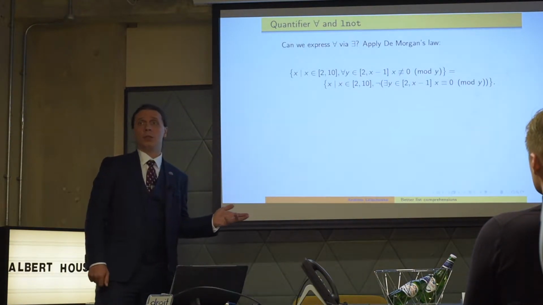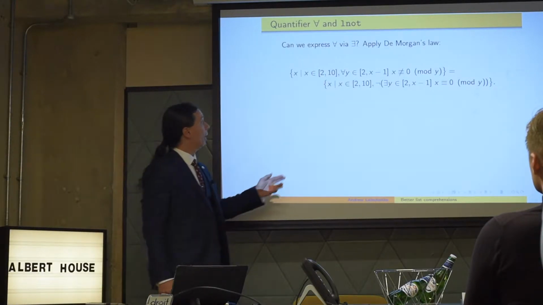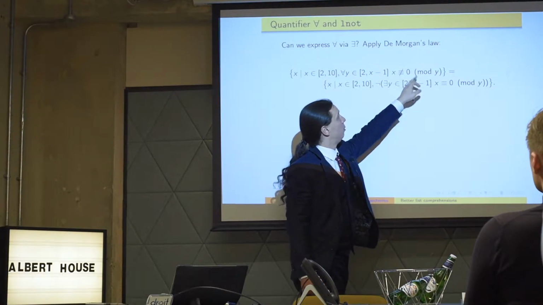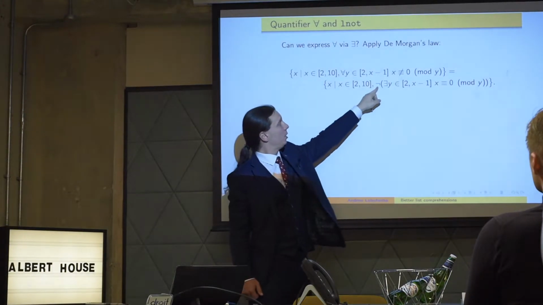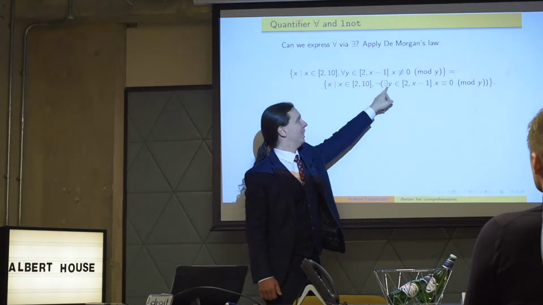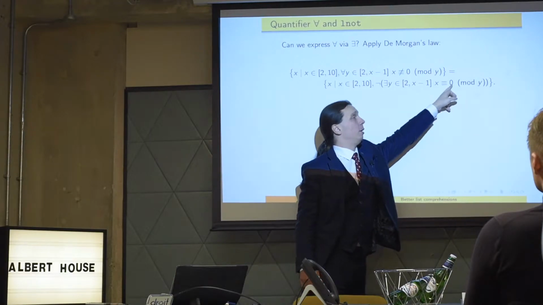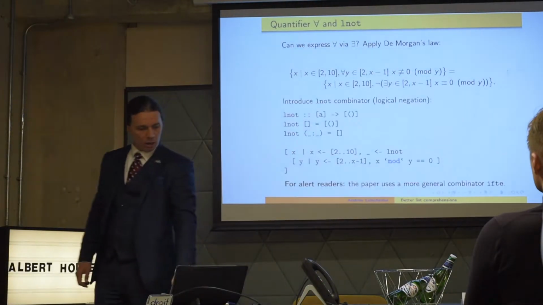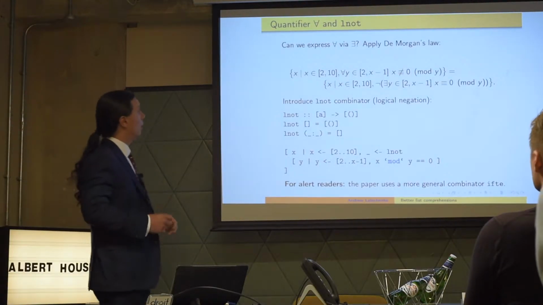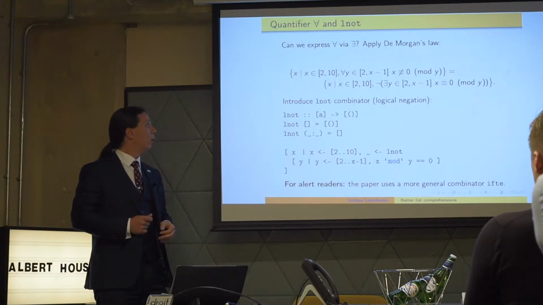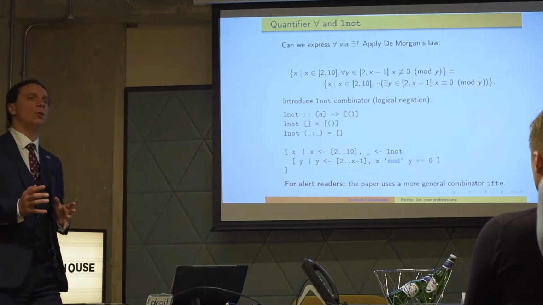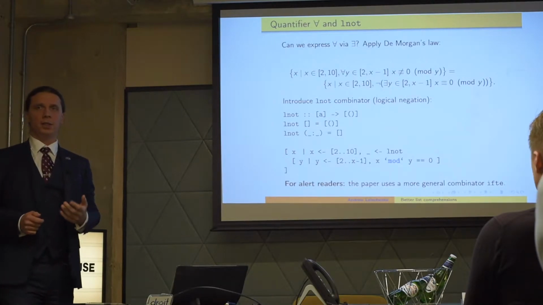Yes, as we did on the previous slide, we can say that the condition that for all y something is not equal to 0 is the same as saying that it's false that there exists y such that something equals 0. This is a logical negation operator. And for our list comprehensions, we can introduce this combinator L not, which takes a list of anything, it doesn't care, and it returns a list of a special type in Haskell.